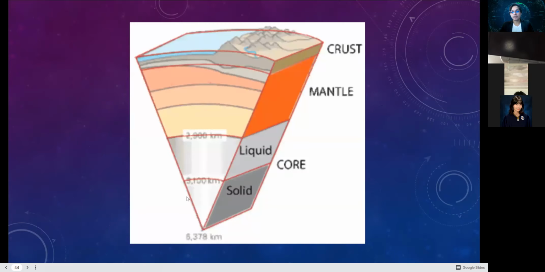If you look at a slice or a longitudinal section of the Earth, you can observe that there is a crust, a thin covering. We have a mantle, the outer core, and the inner core.